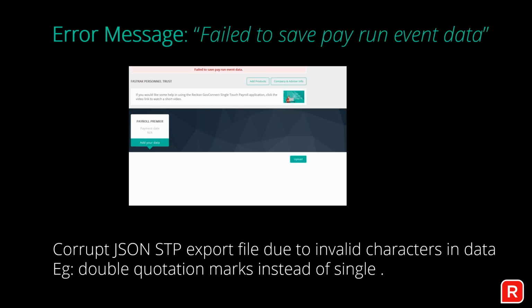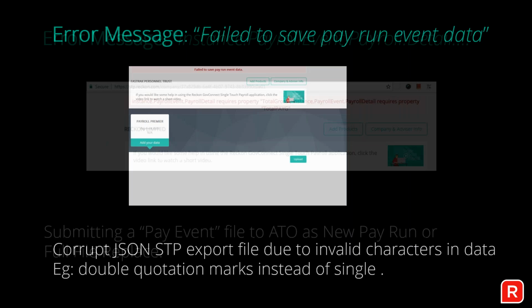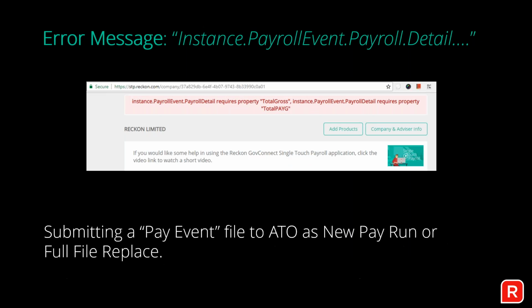The next message is "failed to save payroll event data". This basically means that there may have been a corrupt JSON STP file due to invalid characters. Say, for example, there might be double quotation marks instead of single. The next message is "instance payroll event payroll detail".